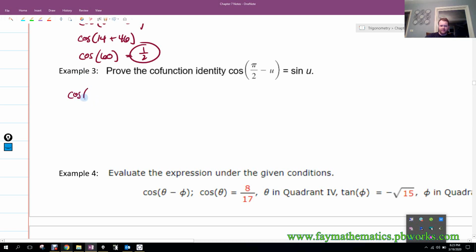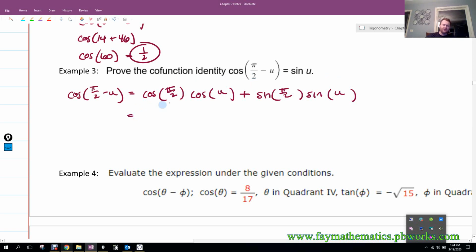So I've got cosine of pi over 2 minus u. Well, that's cosine. So it's going to expand this way, cosine, cosine, cosine, and then sine, sine. And then this will be pi over 2, this will be u, pi over 2, u.